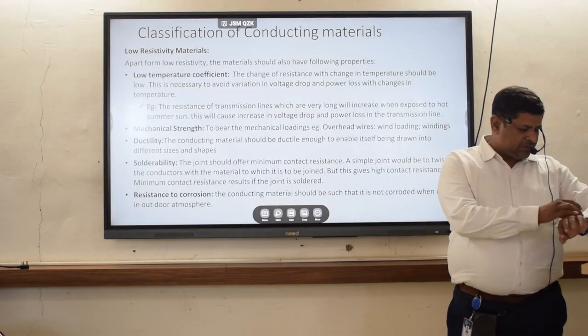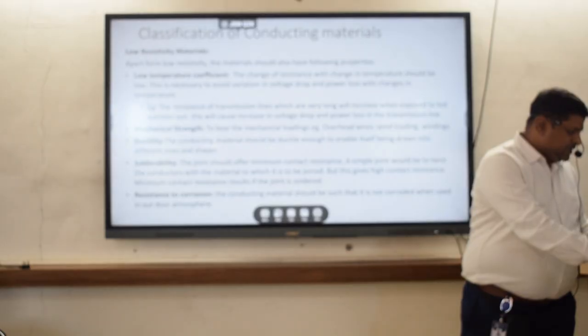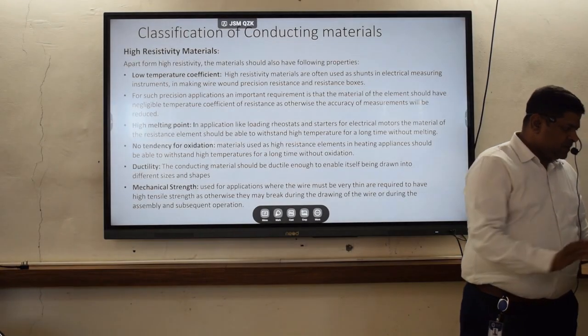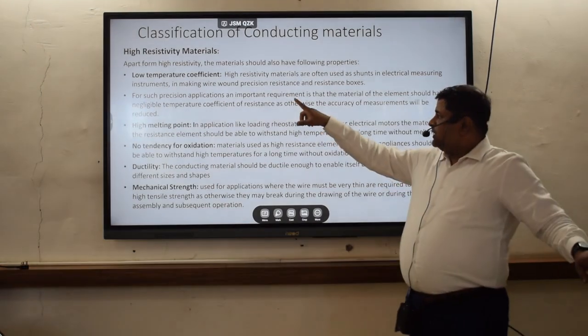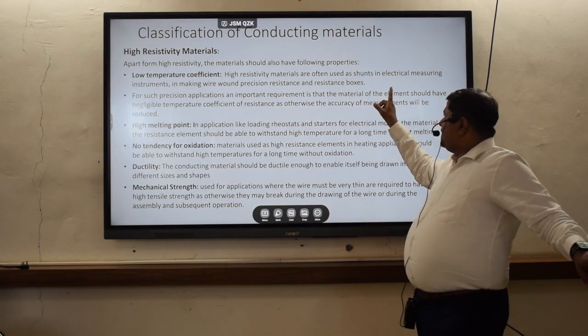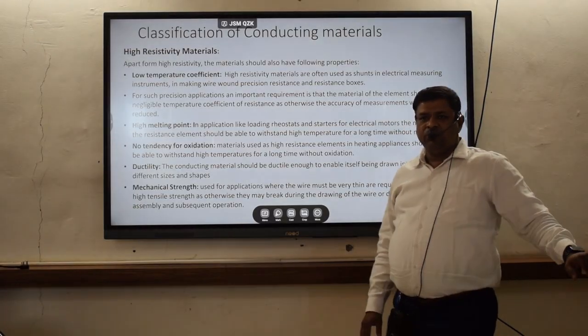And in this last slide I would like to cover high resistivity materials. Apart from high resistivity and low temperature coefficient, high resistivity materials are often used as shunts in electrical measuring instruments. What do you mean by shunting?